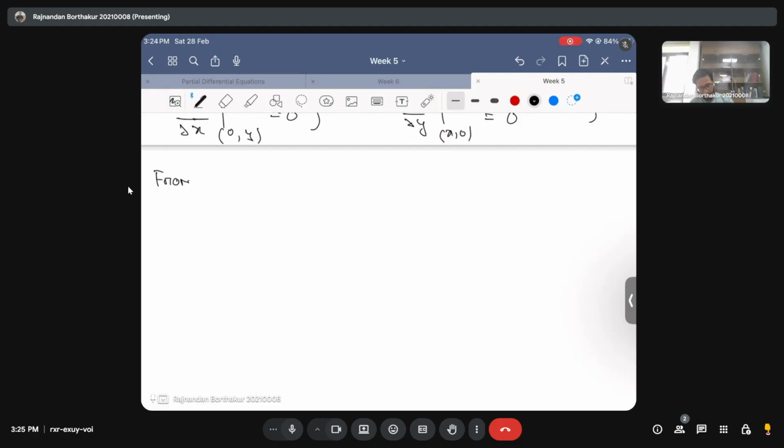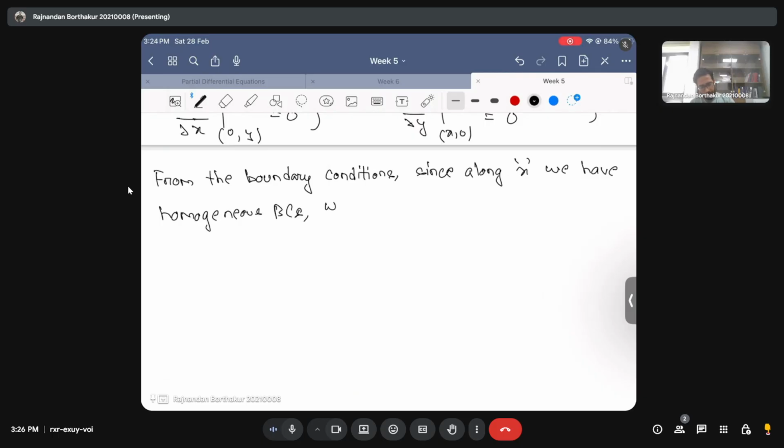From the boundary conditions, since along x we have homogeneous boundary conditions, we seek periodic solutions along x.